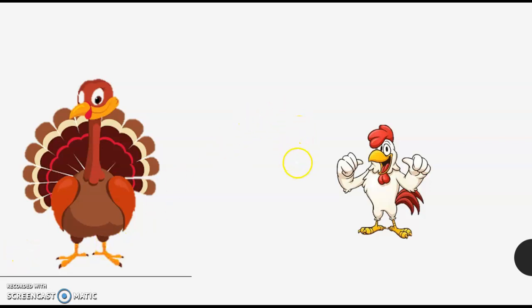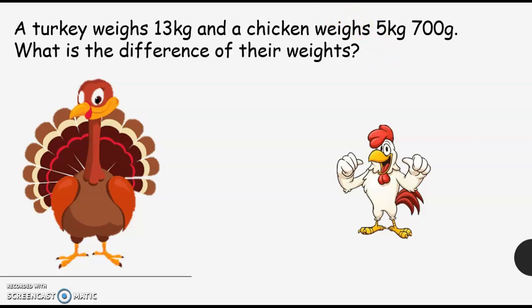So quickly, let's look at another problem here. A turkey weighs 13 kg and a chicken weighs 5 kg, 700 grams. What is the difference of their weights? The turkey weighs, so first of all, we'll write the kg sign, kg, decimal point, grams.